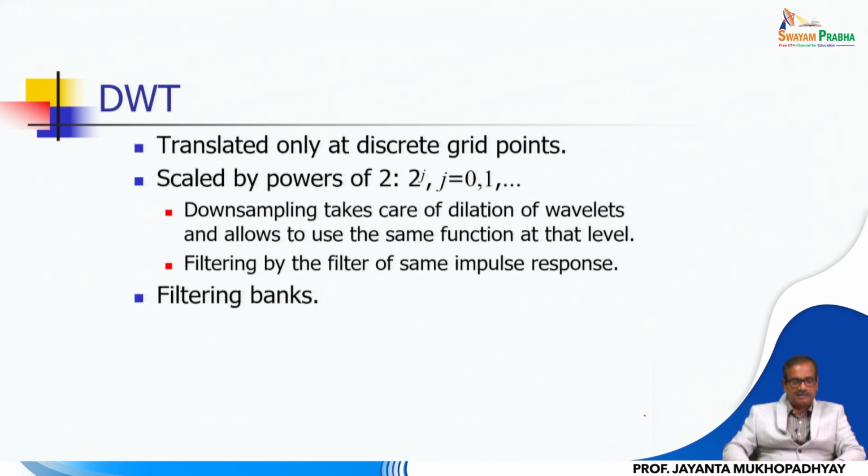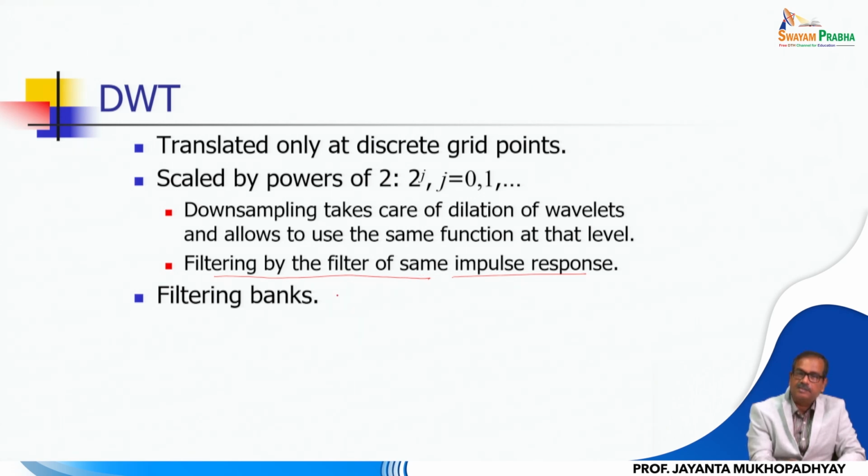I have already mentioned that the downsampling operation takes care of using filters of the same functional form of the impulse response. You do not require to scale it or dilate it using scaling in the time domain.